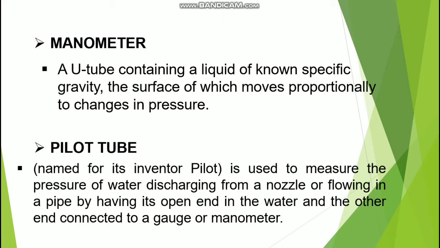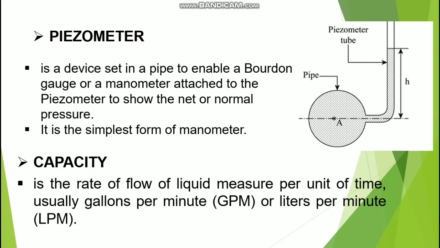So named for its inventor, Pitot, it is used to measure the pressure of water discharging from a nozzle or flowing in a pipe by having its open end in the water and the other end connected to a gauge or manometer. Then piezometer, it is a device set in a pipe to enable a Bourdon gauge or a manometer attached to the piezometer to show the net or normal pressure. So mao ni ang simplest form of manometer.